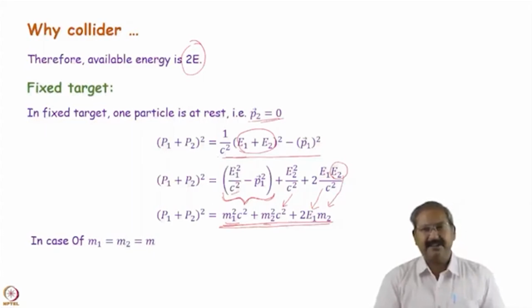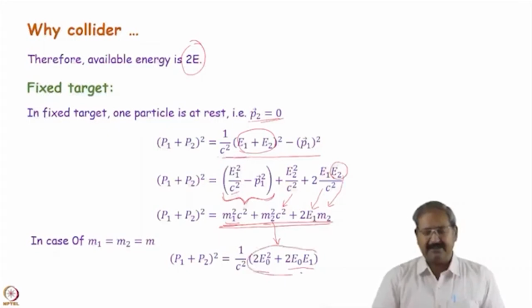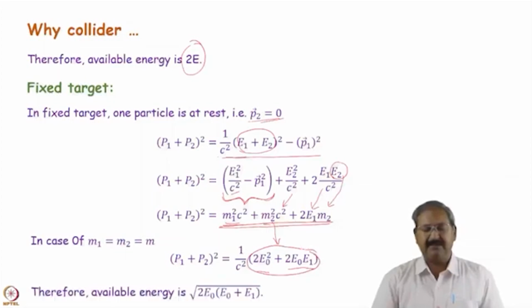Now again take the case of similar particles, that is M1 is equal to M2, meaning the rest masses are the same, suppose proton-proton collision or electron-electron collision. So both masses are the same. In that case, this equation will be reduced to 1 by C square times (2E0 square plus 2E0E1). Now the total energy will be the square root of this, which is available in the center of mass.